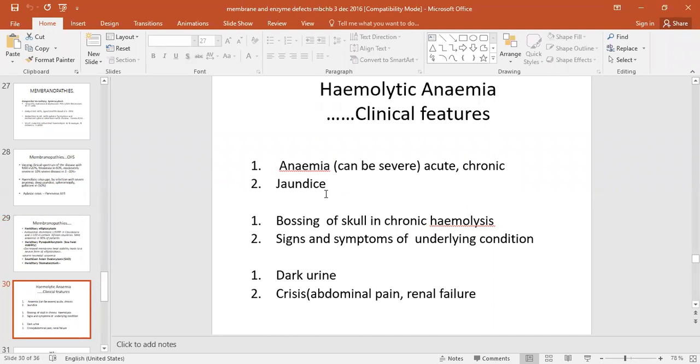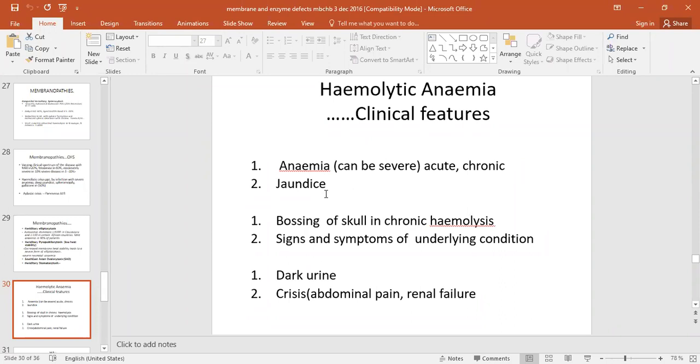You would see jaundice in these patients. You would see bossing of the skull, especially if you are dealing with a chronic hemolytic picture. And bossing has always been associated heavily with sickle cell. And so in our setup here, you must be careful about sickle cell.